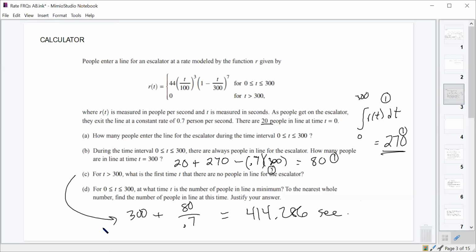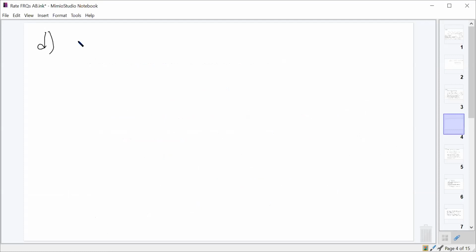Part D, for 0 to 300, when is the number of people in the line at a minimum? That could occur at either of the endpoints, or at any critical values of a function that represents the number of people in the line. What's the function to represent the number of people in the line? 20 plus the integral from 0 to t of r of t minus 0.7 dt.